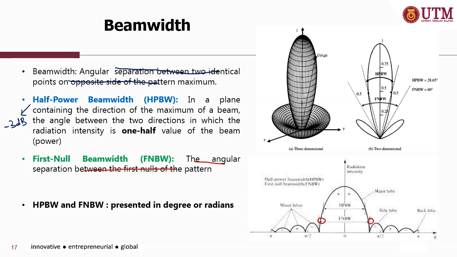So this is where the FNBW is measured, and the HPBW, the half power beam width, is measured at -3 dB, or equal to 0.707 in linear.